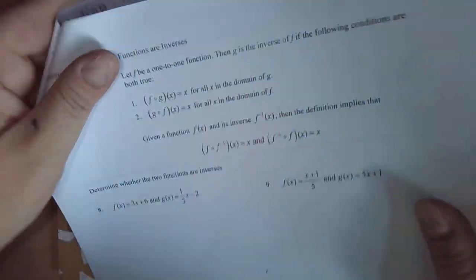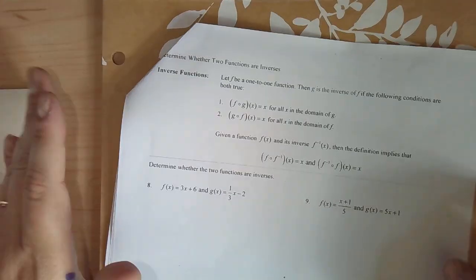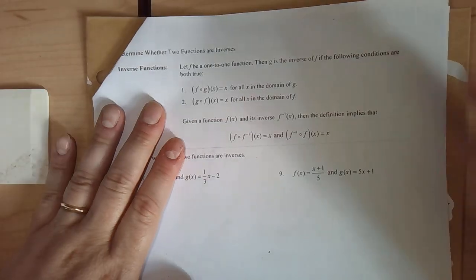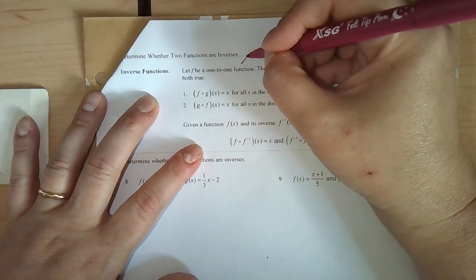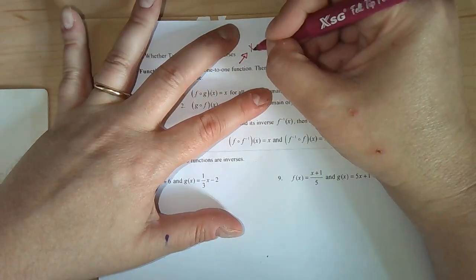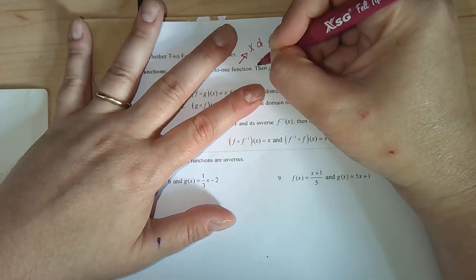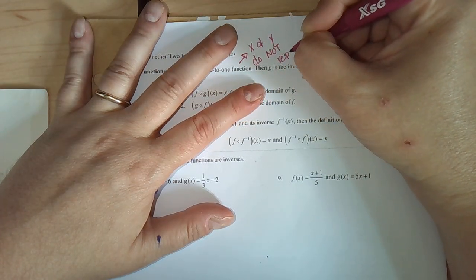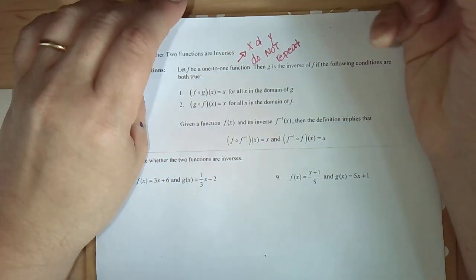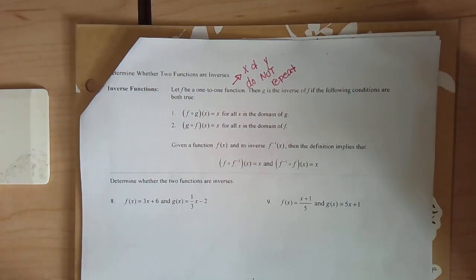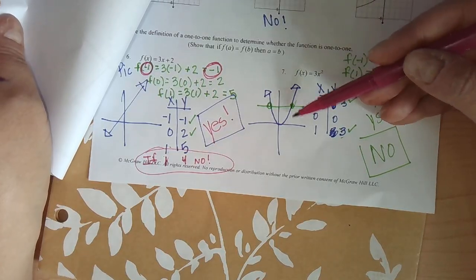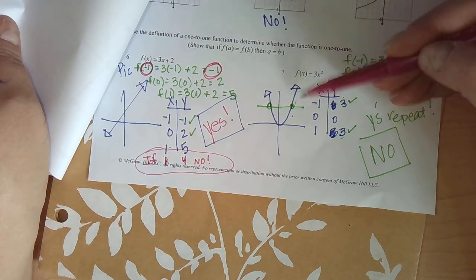Now let's talk about how we know whether something is an inverse. To be an inverse, first we have to be 1-to-1, as in the x and the y do not repeat. So the pictures that we're going to deal with are not these pictures where the horizontal line crosses more than once.